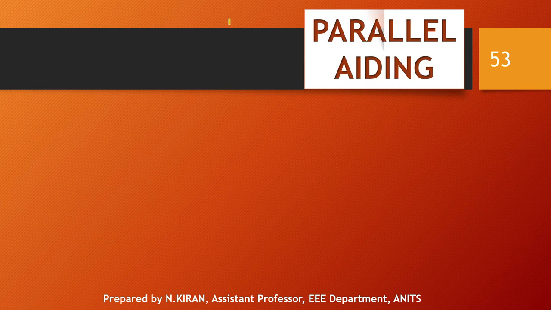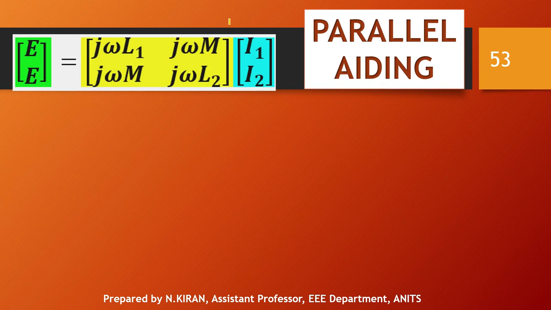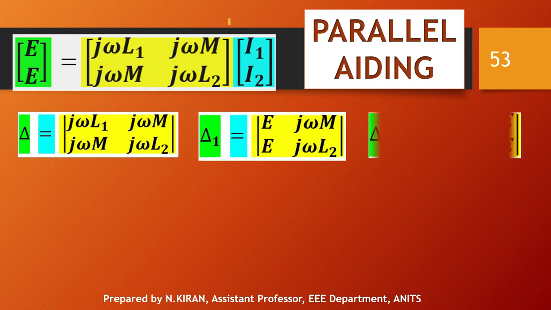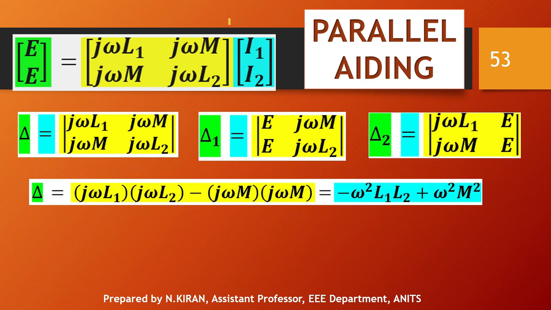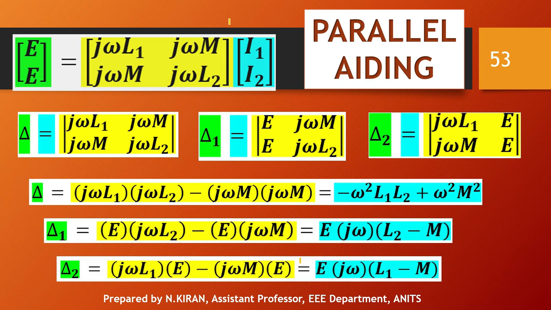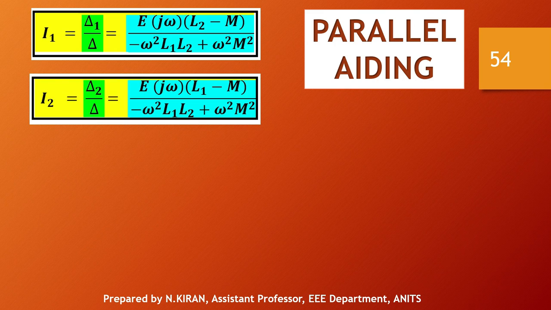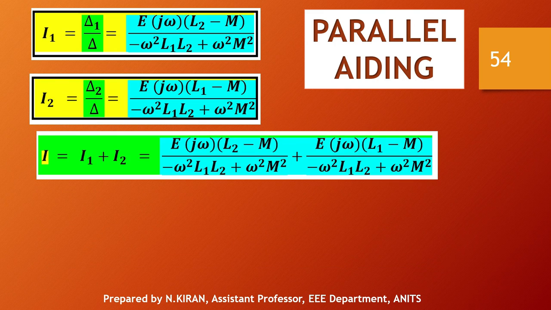We know I1 is nothing but delta 1 by delta and I2 is delta 2 by delta. So using the concept of Cramer's rule, find the values of delta, delta 1 as well as delta 2 as shown. After finding these values, I1 will be delta 1 by delta and I2 will be delta 2 by delta, which will give me the total current I as I1 plus I2.